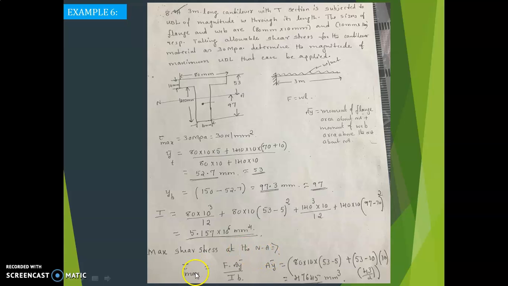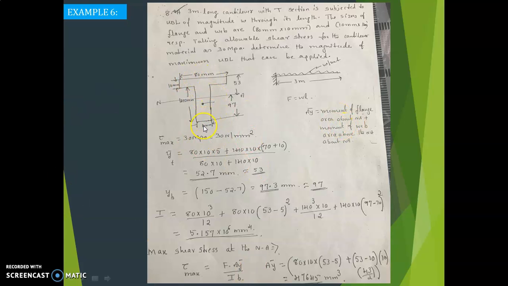So at the neutral axis tau maximum is given by F into A Y bar divided by I B. For this we require F equal to WL and A Y bar, which we calculate like for the I section: moment of flange area about the neutral axis plus moment of web area about the neutral axis. I is the moment of inertia, B is the width of the web. So one by one we will calculate.